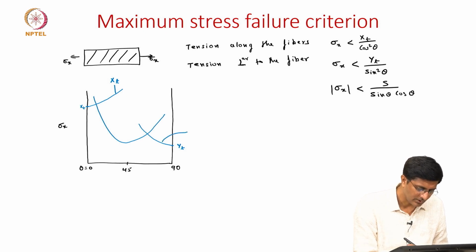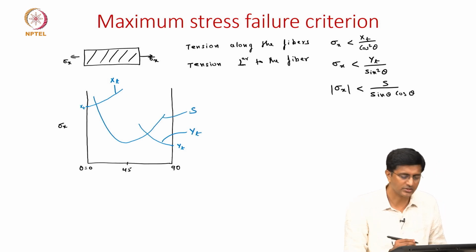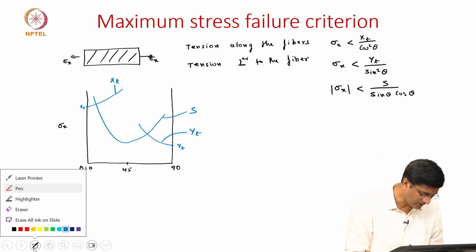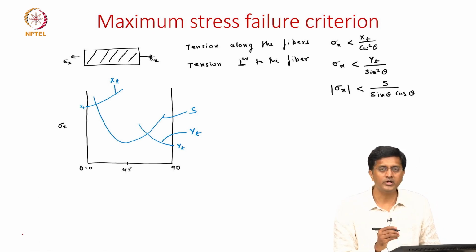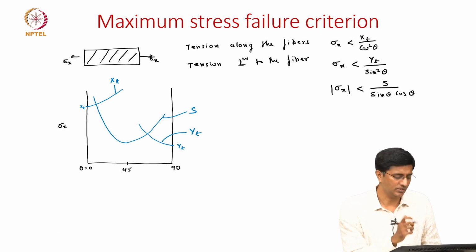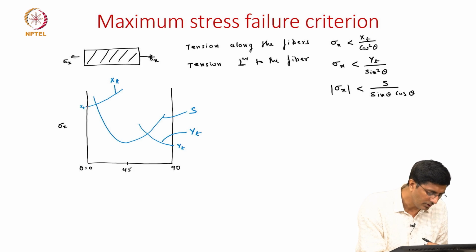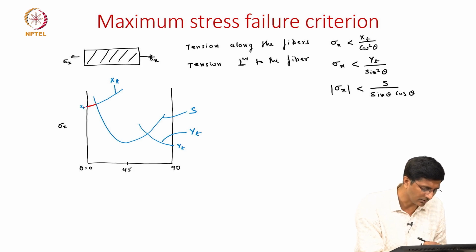So this corresponds to Yt, and this curve corresponds to the shear strength S. If we have a condition like this, how do we decide failure? This failure is based on the minimum strength. If we are looking at angles close to 0, we need to look at this part of the curve.